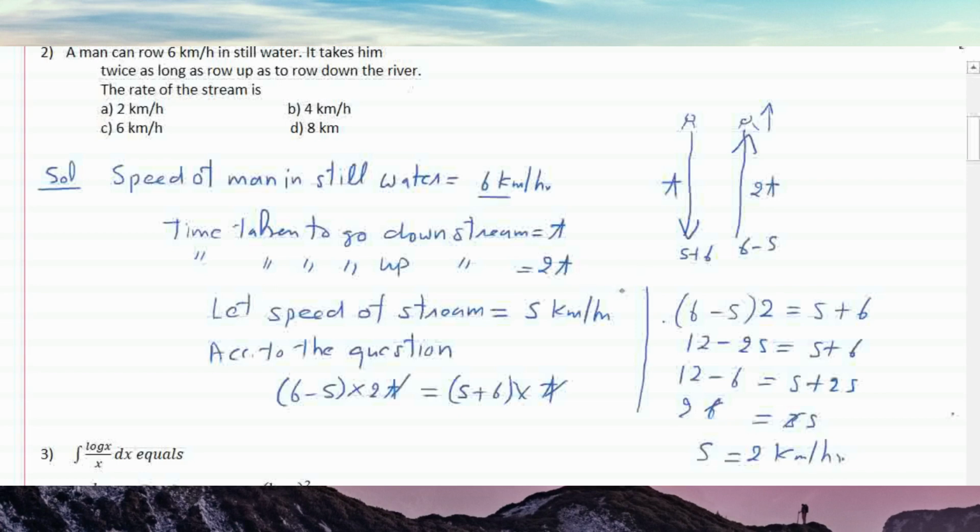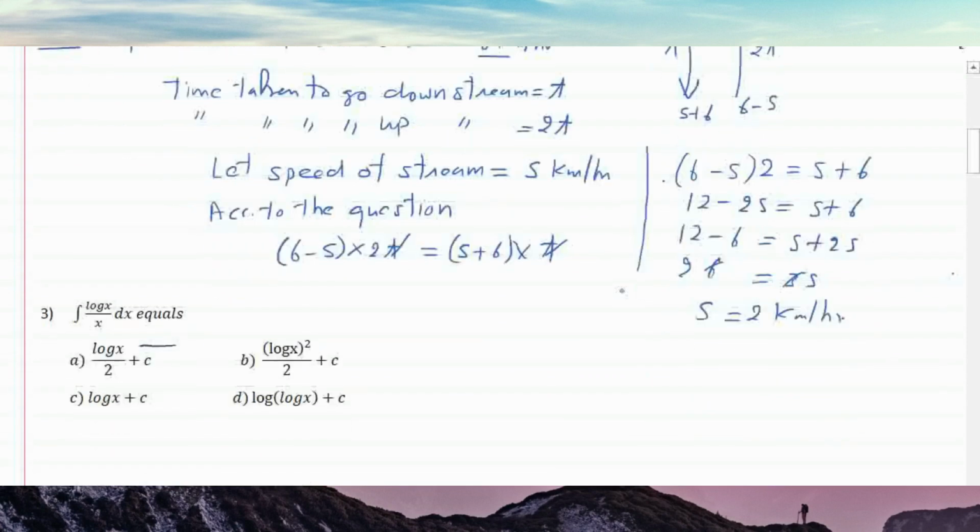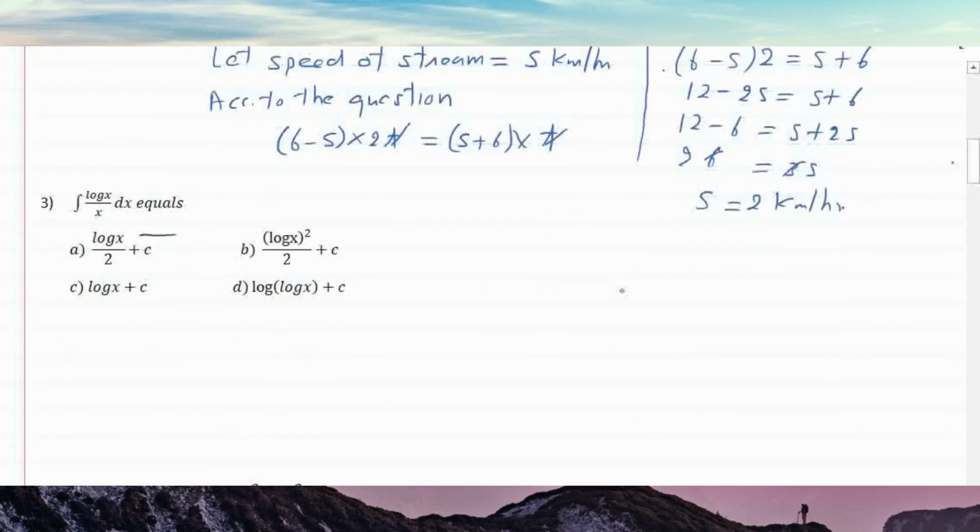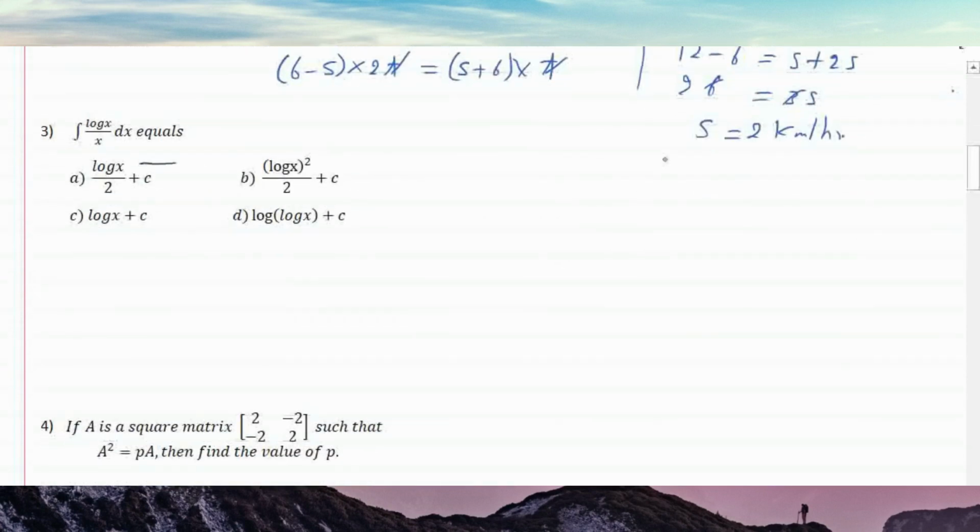Let us go through another question here. That question is specially from integration, children. Here we have to integrate log x upon x dx.